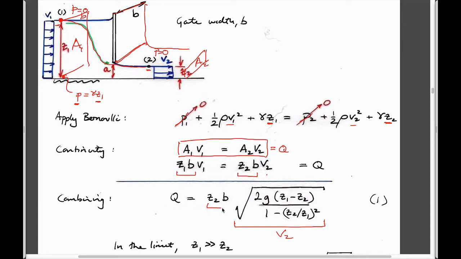So this is area. And again, you can just straightforwardly get the magnitude of the flow rate from knowing what this downstream elevation is, the height of the water, how wide the river is, and everything else you can measure.